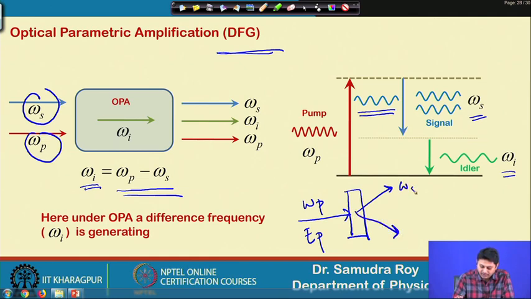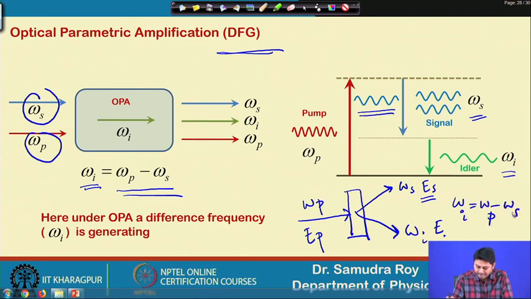One is at omega s, or field E s, and another is at omega I, in terms of field E I. These two fields are generated, and now we are going to find out whether they are really amplifying or not. There is a frequency relationship: omega I is equal to omega p minus omega s. This comes from energy conservation. So, this is our structure.